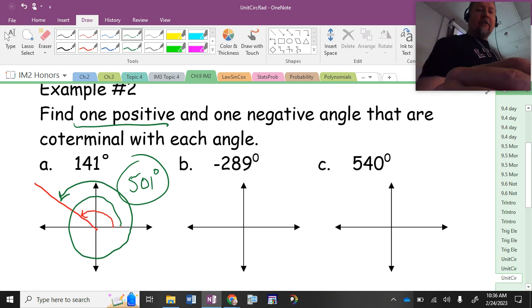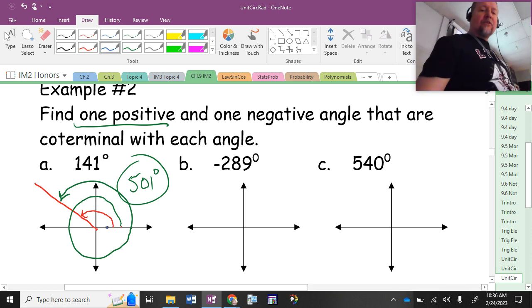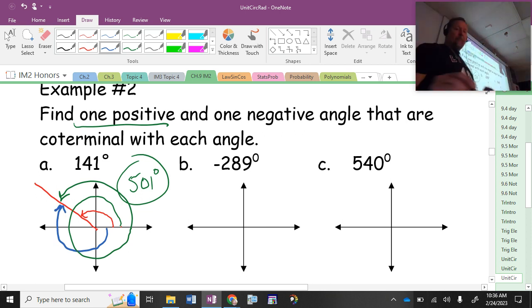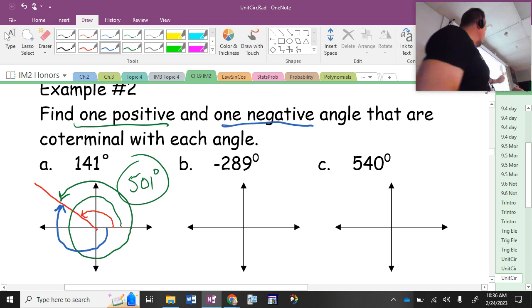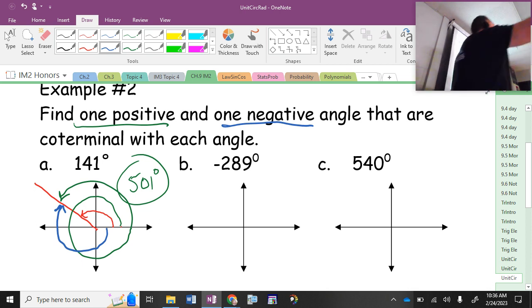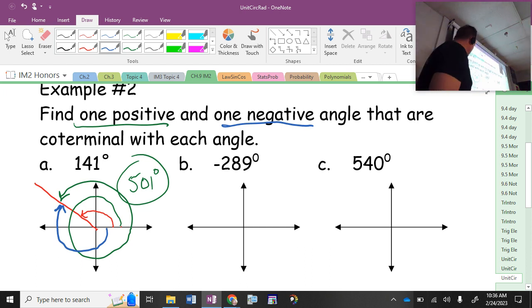Oh, and then here's the other one. Blue doesn't maybe show up so big a difference. That one. So that is my negative angle measure. And what is it compared to 141? What do we have to subtract from 141 legitimately? 3, 2, 1, go. 360 again, because the blue and the red add up to 360.